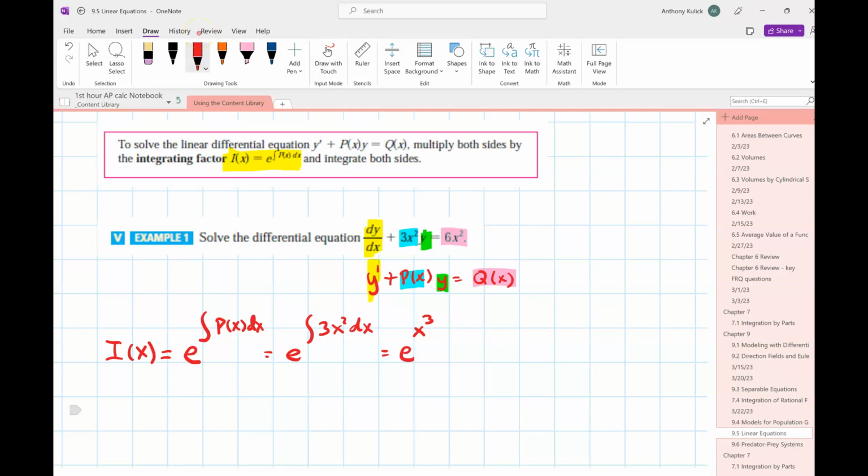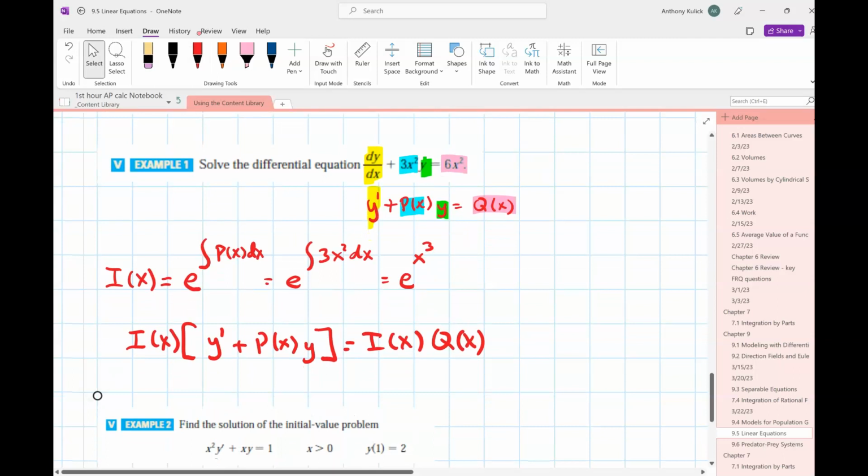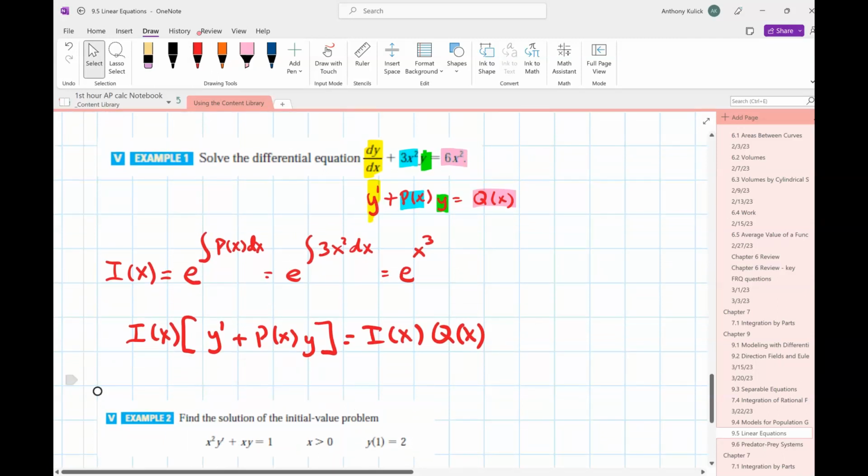So now what we do is we take our I of x and we multiply it by both sides of our linear equation. I'm writing way more than I in all rights need to, just to remind you of what's going on.